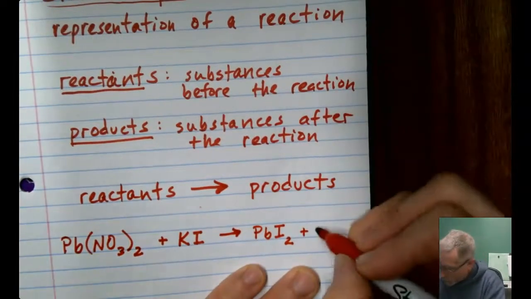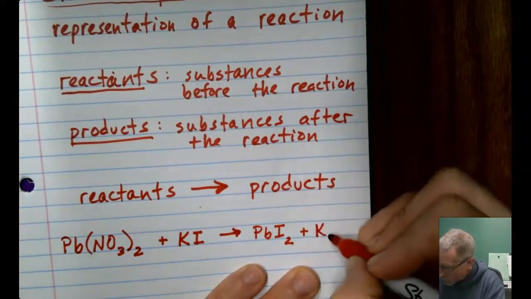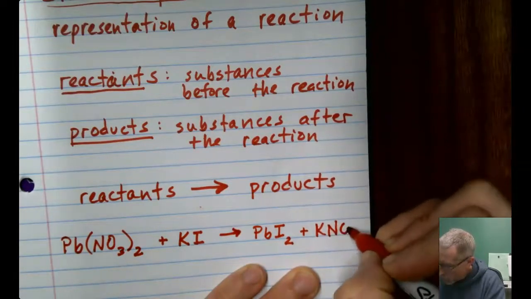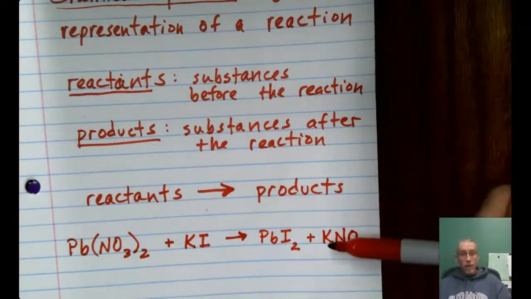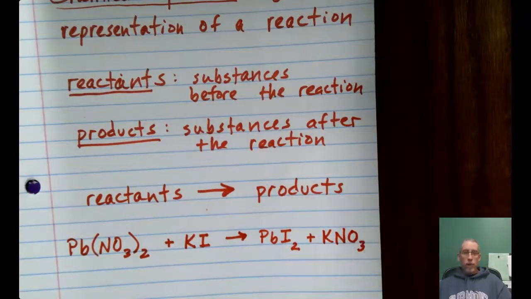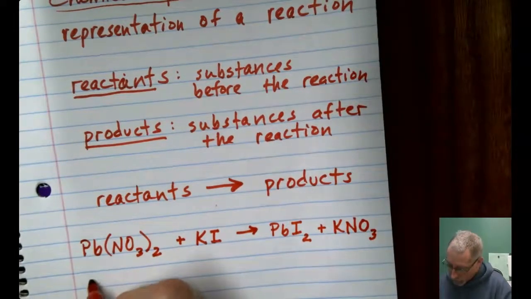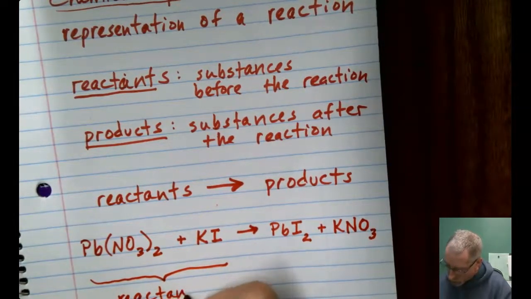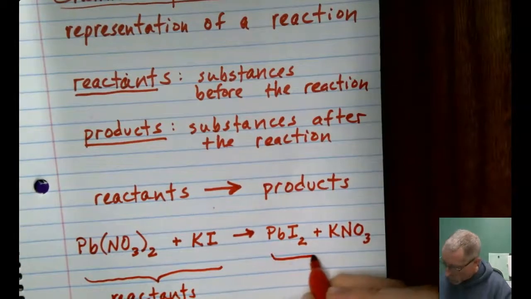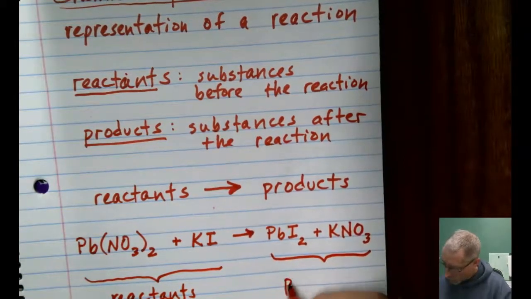I'm running out of paper, but I think I can fit it. KNO3. K is a potassium. NO3 is called nitrate. Okay. So in this one, oops, these are the reactants. And these are called the products.